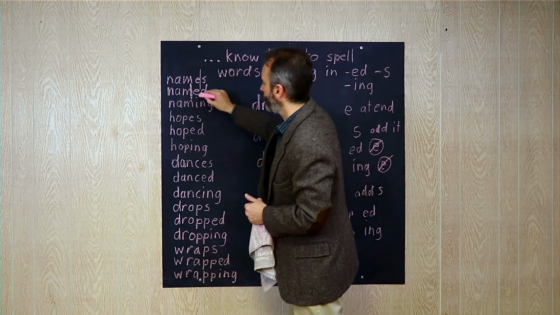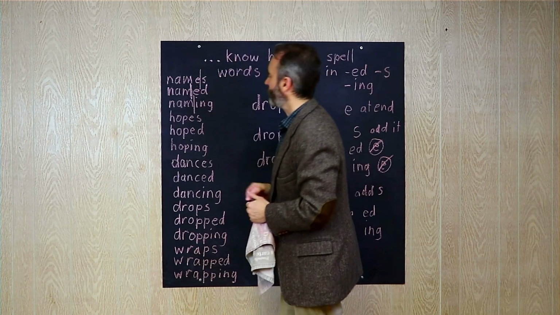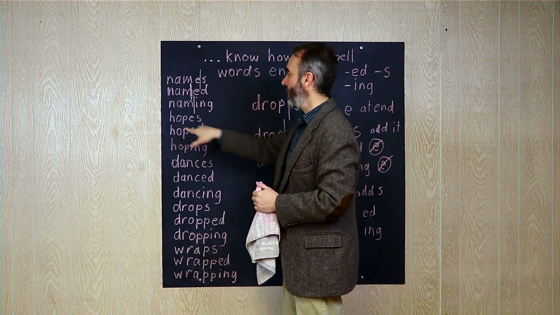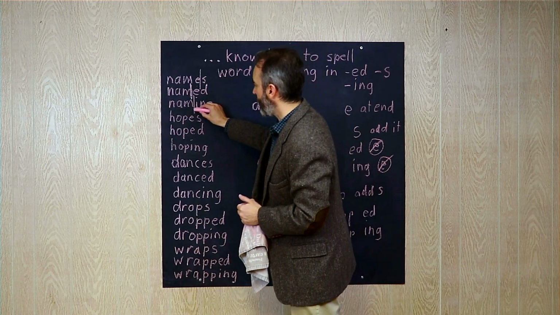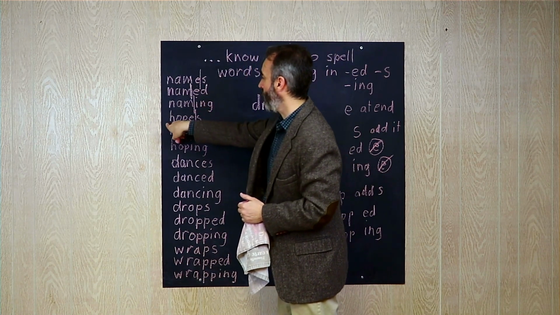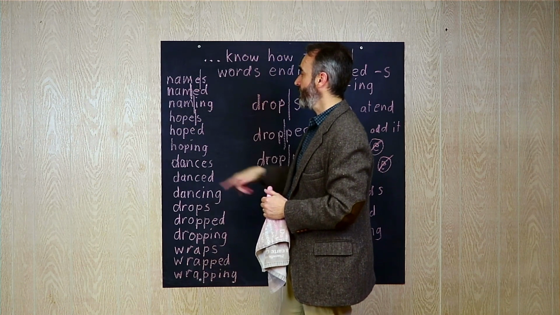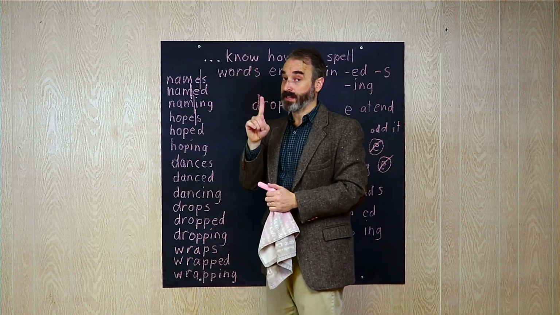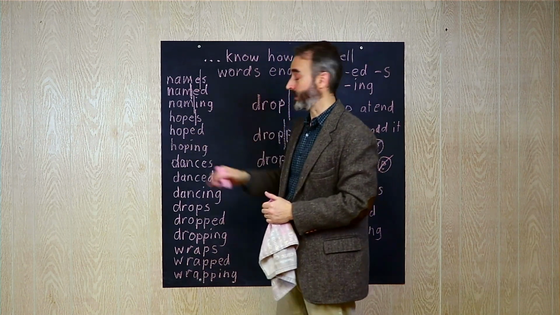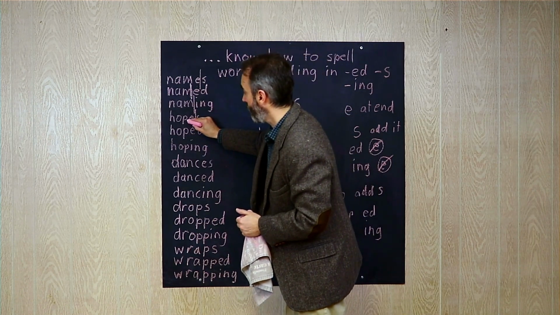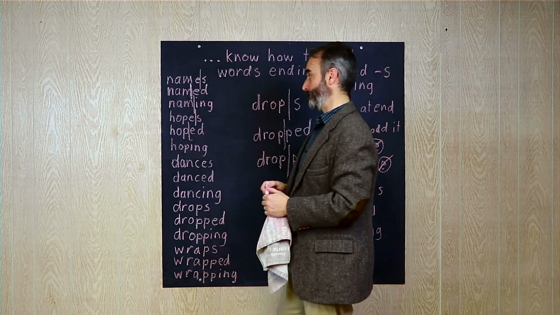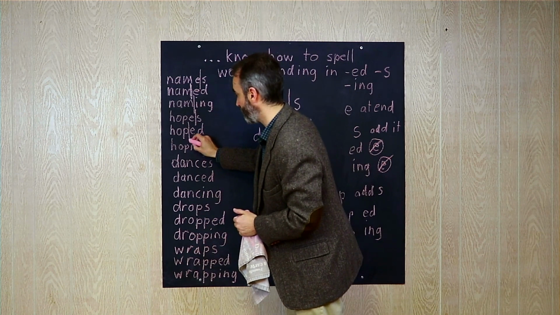Naming, there we go. I'll do one more. Hopes, we just add an s. So there's the original hope, and we just add an s. But hoped, we got rid of the e before we added the ed. So hop, ed, and then hoping as well.